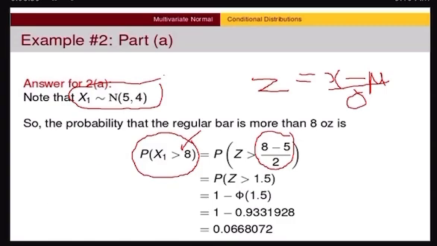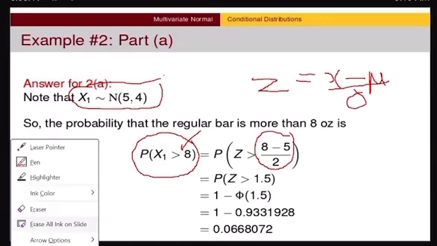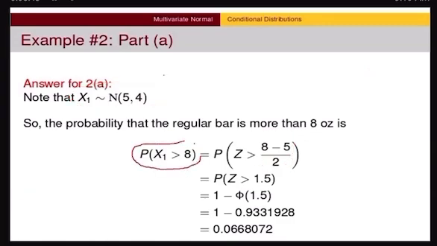What I want to figure out is the probability of X1 greater than 8, and what I end up getting is the probability of Z greater than 1.5. Z is a standard normal, a z-score.